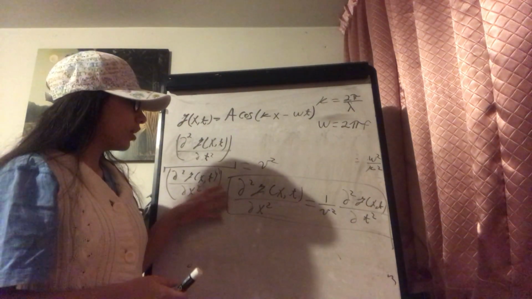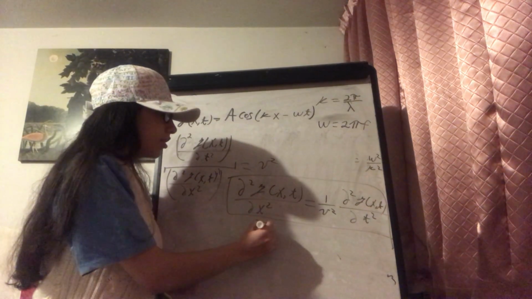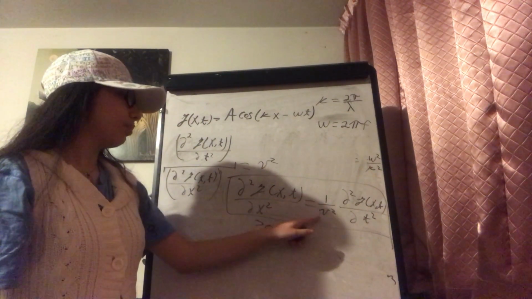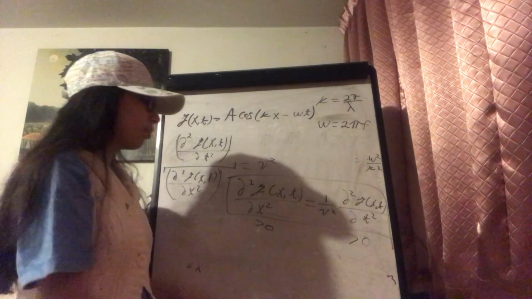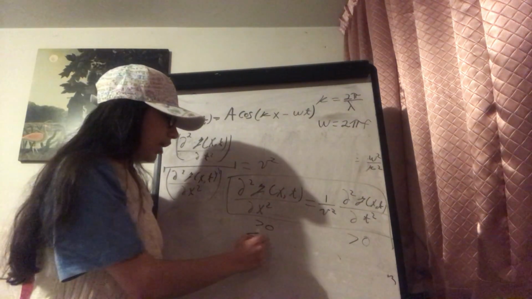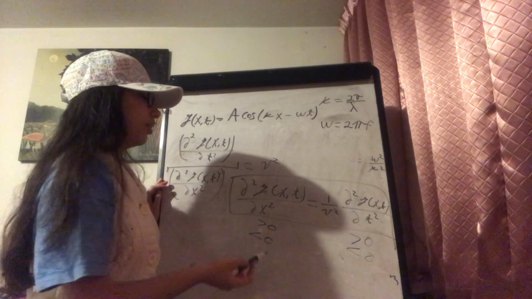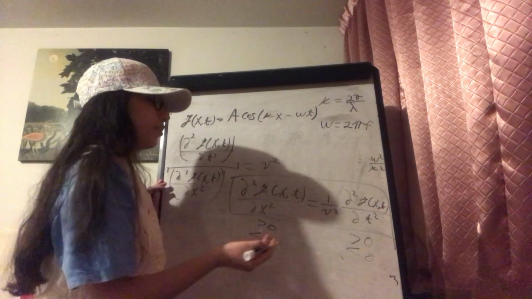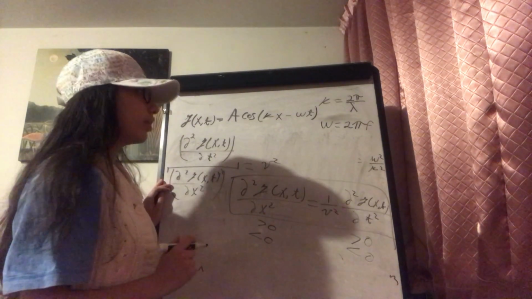This states that when we have a positive curvature, that is when this is greater than 0, we have a positive acceleration, and when we have a negative curvature, we have a negative acceleration. And when we have an inflection point, that is when the curvature is 0, the acceleration will also be 0.